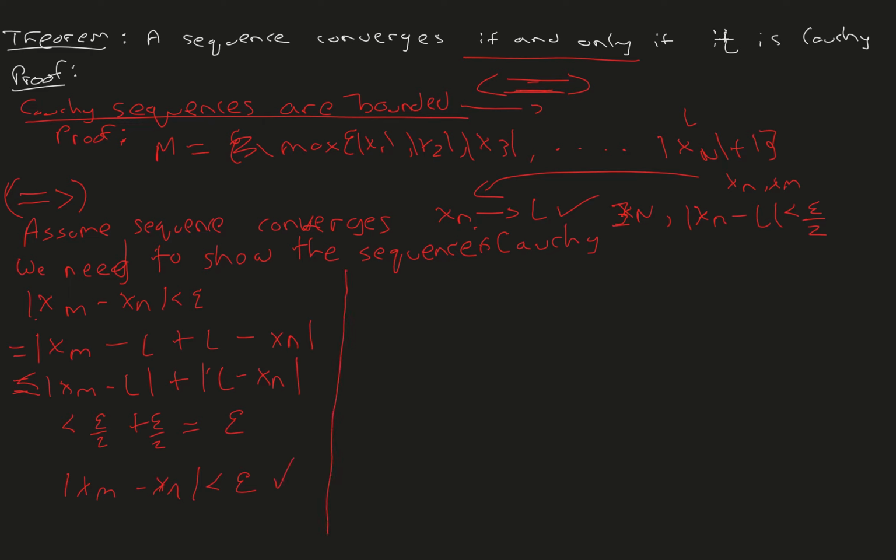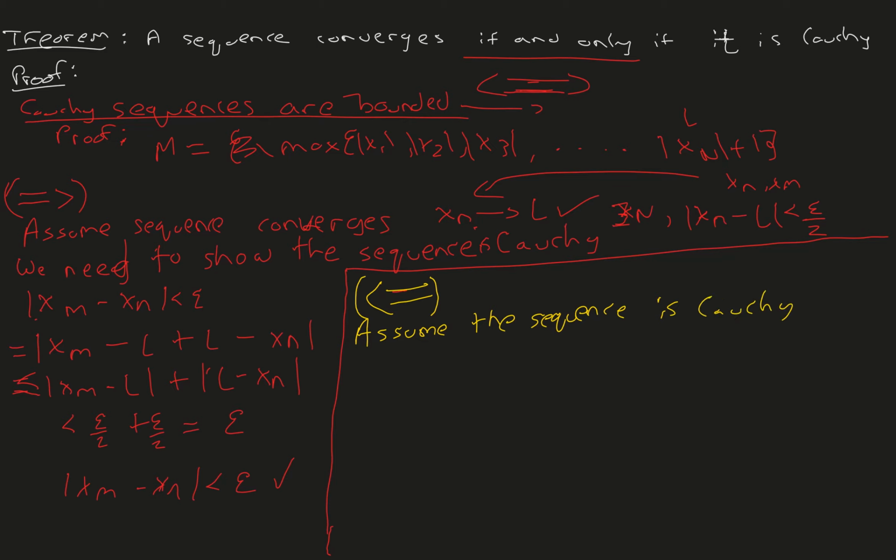Now let's go on and prove the second direction. Hopefully it'll fit in this space. Let's go for a different color there. So the second direction, the opposite direction. When we're proving the opposite direction, we're going to assume the sequence is Cauchy.